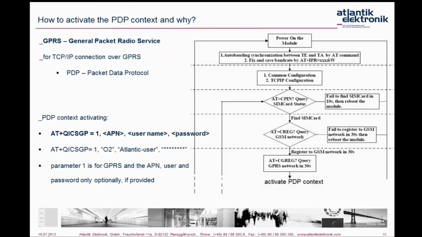Therefore, the PDP address in that case is an IP address. If the connection is closed by the remote end of the network or the PDP context is deactivated during data transferring, the module will switch to command mode automatically, where the packet will simply be discarded.